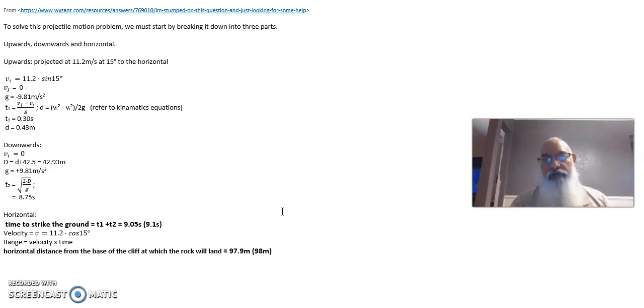It starts off at a higher velocity and gradually the velocity becomes zero. That is why the direction of motion changes. If the velocity never became zero, the object would never return back to the Earth. So the final velocity is zero, and the acceleration, like I explained earlier, is negative 9.81 meters per second squared. And we're using kinematic equations here. I have written the equation down.